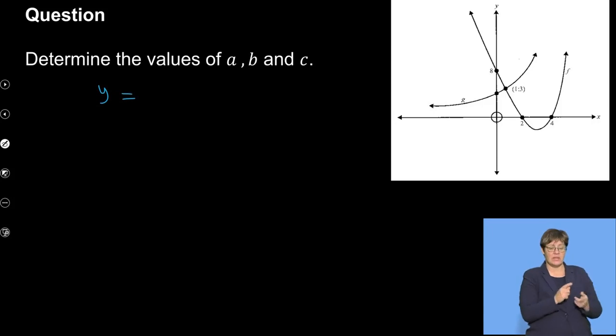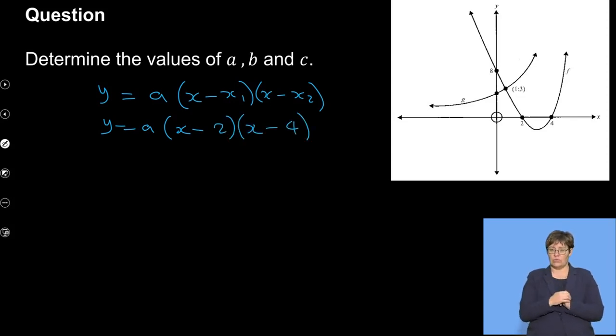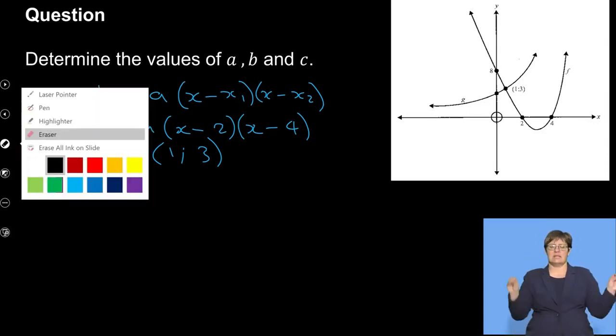So this will be y equals a into x minus x1 into x minus x2. That's the very first thing I need to do. You substitute y equals a into x minus 2 and then x minus 4, right? And then I have a point 1 and 3, so I'm not writing y, because already I'm substituting what that is.